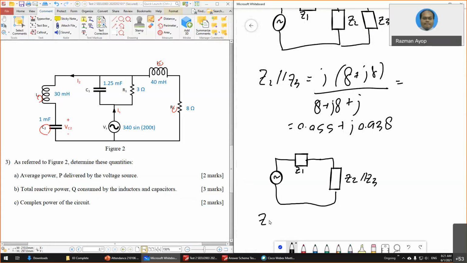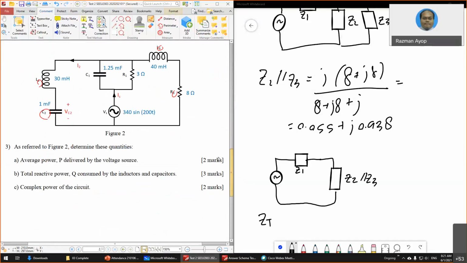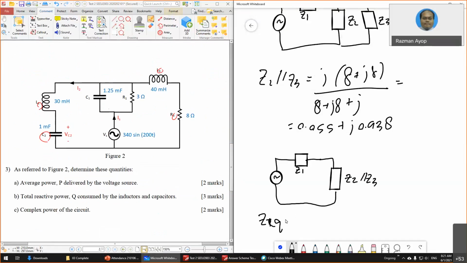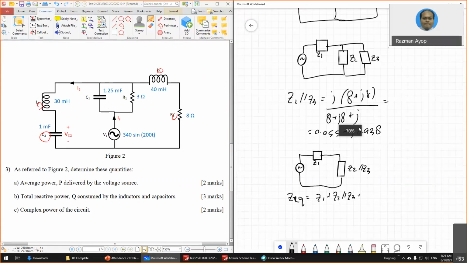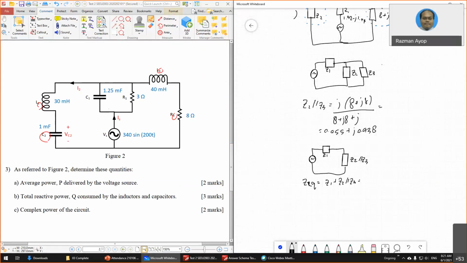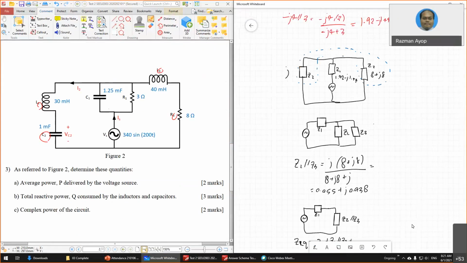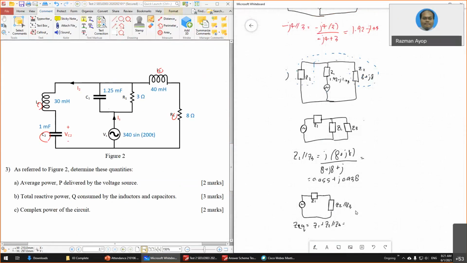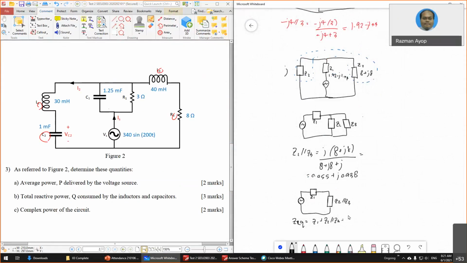So Z total, or Z equivalent, is equal to Z1 plus Z2 parallel with Z3, equals 1.92 minus J1.44 plus 0.055 plus J0.938.